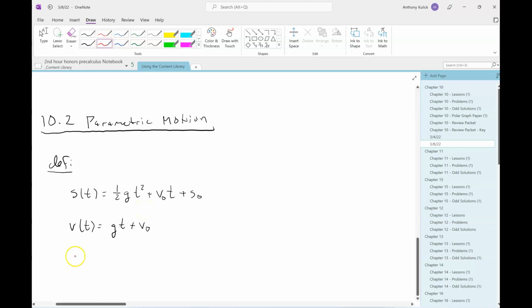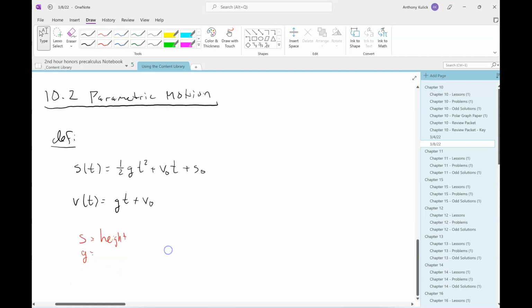In these equations, S is height, G is the gravitational constant, or for those of you in physics, this is acceleration due to gravity.